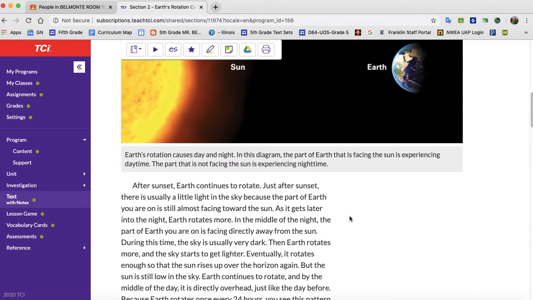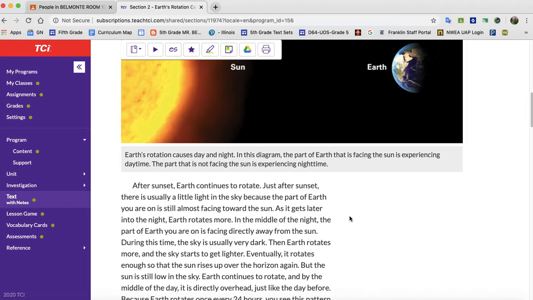After sunset, the Earth continues to rotate. Just after sunset, there is usually a little light in the sky because part of the Earth you are on is still almost facing towards the sun. As it gets later into the night, Earth rotates more. In the middle of the night, the part of Earth you are on is facing directly away from the sun. During this time, the sky is usually very dark. The Earth rotates more and the sky starts to get lighter.